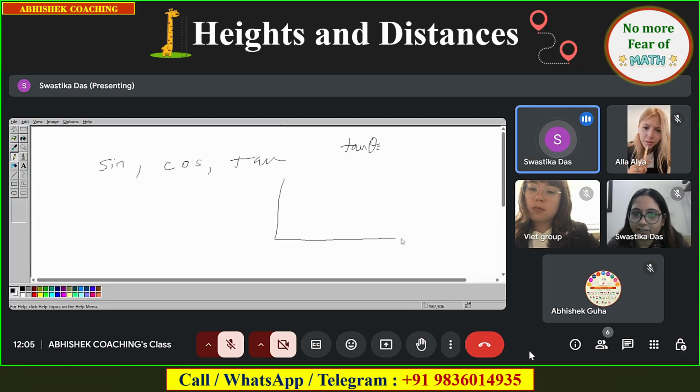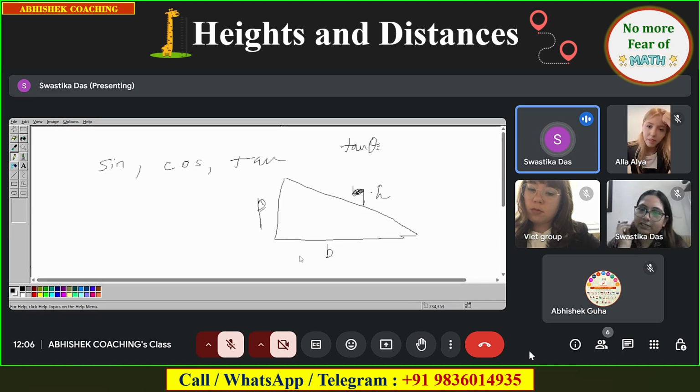Say I have a triangle and I have a height which I call h, this one I call b, and this one I call the hypotenuse, maybe hy, and this one I call p, perpendicular. If I have these three measurements with me, how do I measure the tan theta value?